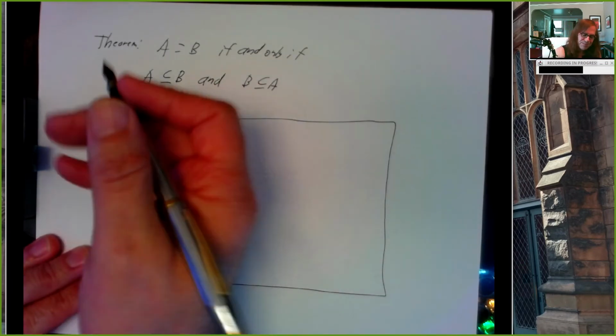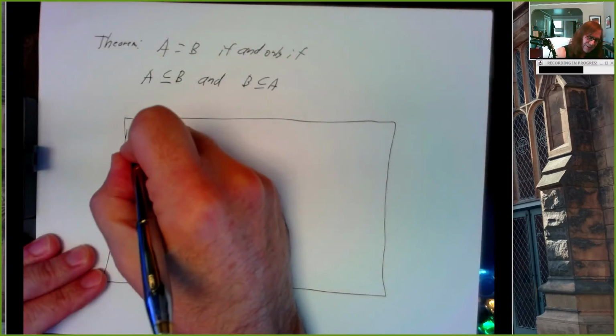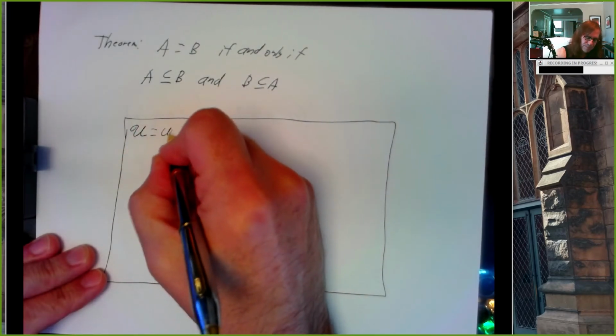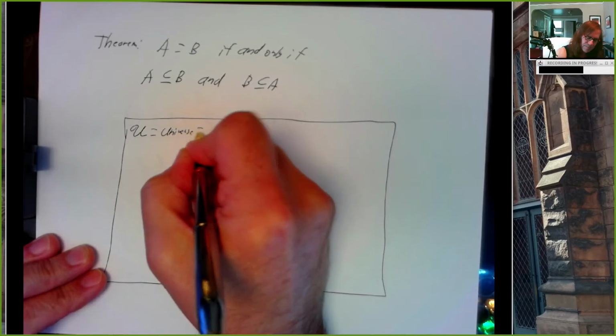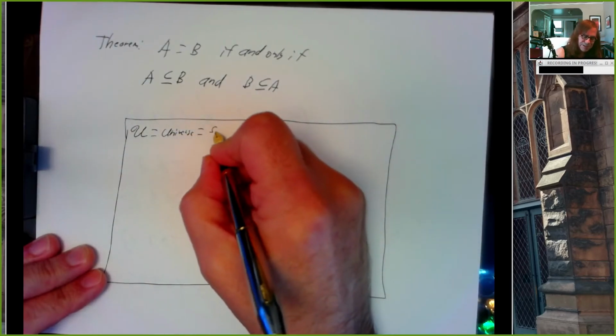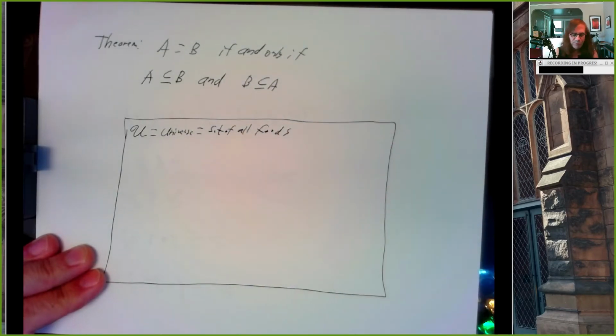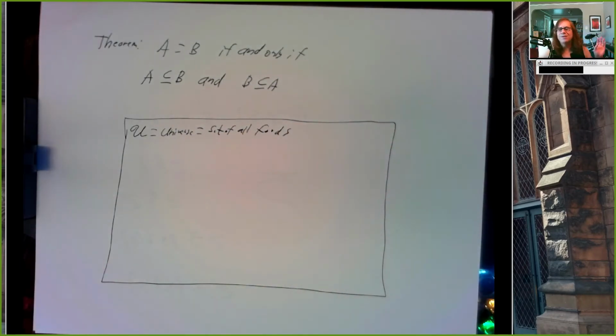So for example, this could be the whole universe, and I'll write a universe with a script U. So let's say the universe equals the set of all foods. So that's all we're talking about for our sets. Everything that we describe as being in a set is going to be a food of some type.